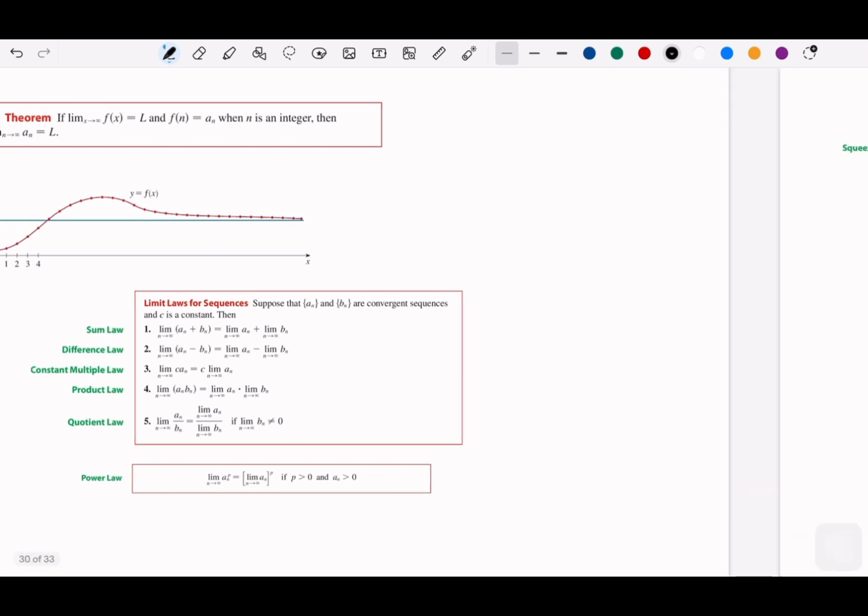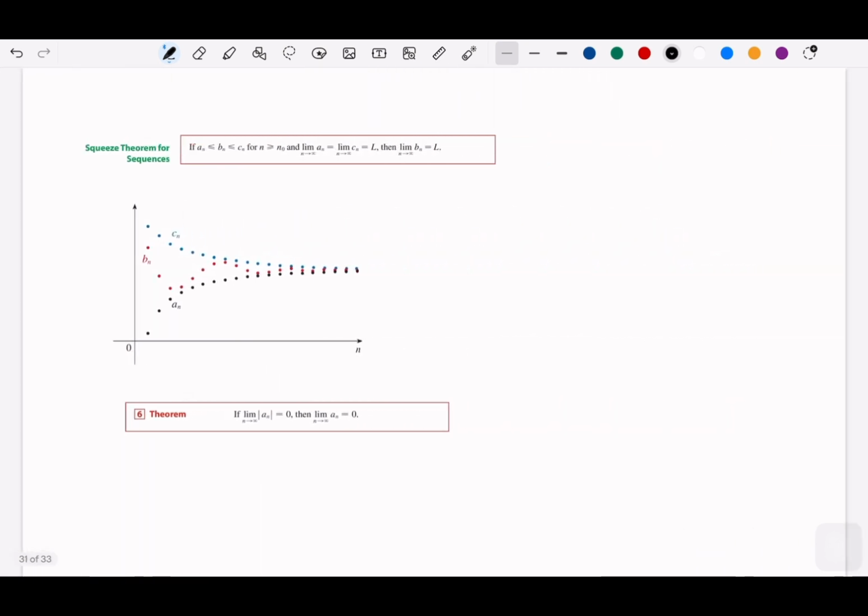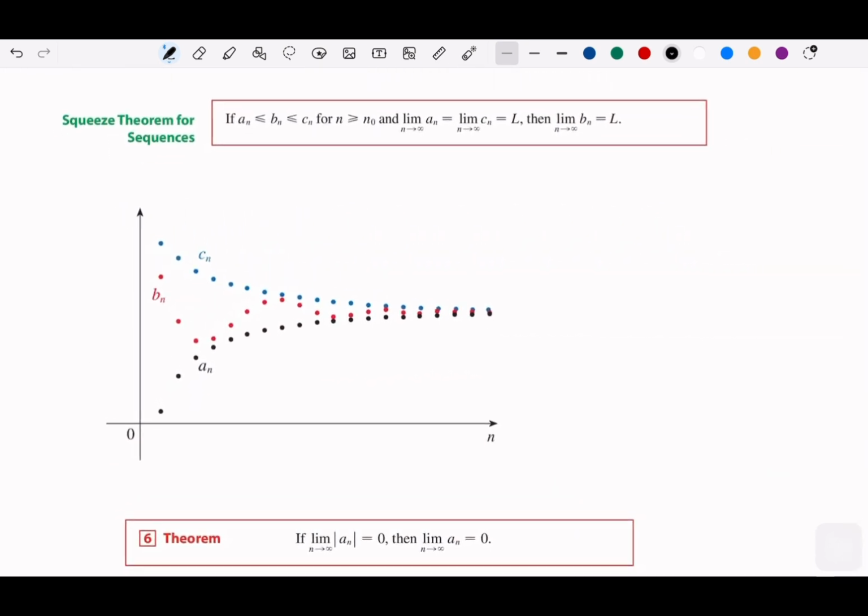And also, aside from that, we can try the squeeze theorem as well, as long as we can define all the sequences in terms of that inequality. So we have a_n, b_n, and c_n, and if b_n is in between, and we know the limit for this and we know the limit for this, then we can say for sure the limit in between is the same, the limit L. Of course, by looking at the graph, you see that it is going to converge to one value.